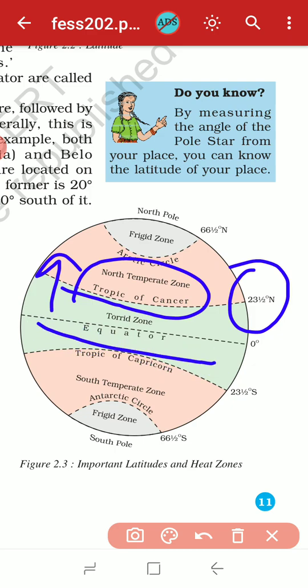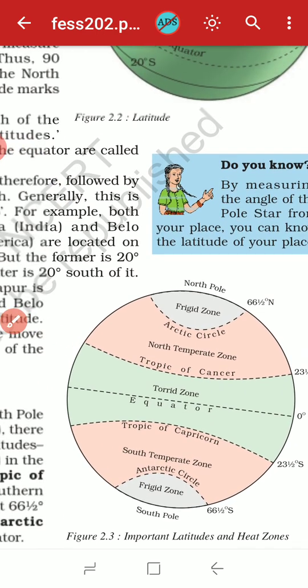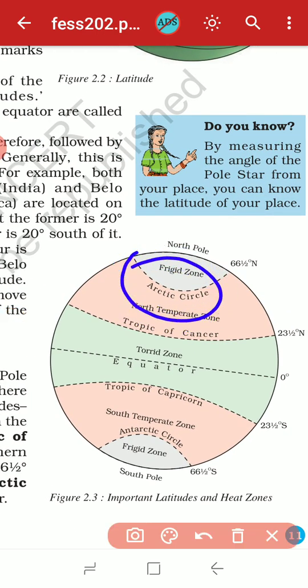Below India you can see the Tropic of Capricorn, which is also 23 and a half degrees south, and above the Tropic of Cancer, the Arctic Circle, which is 66 and a half degrees north.